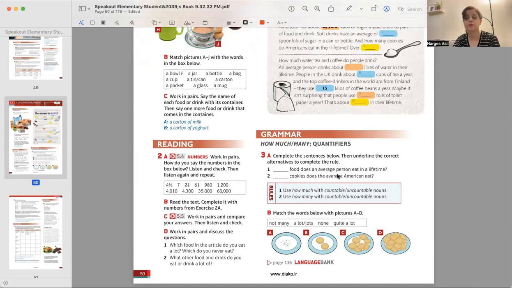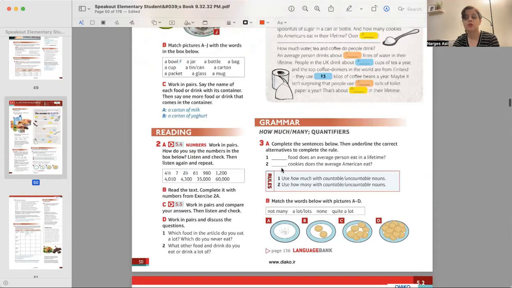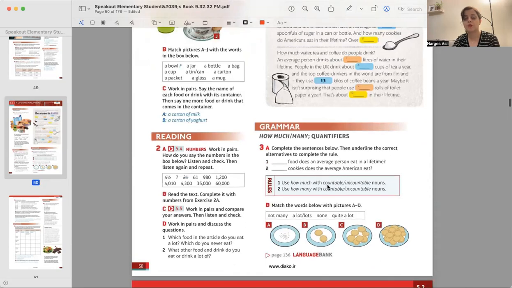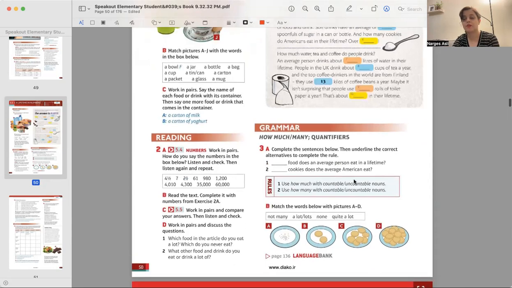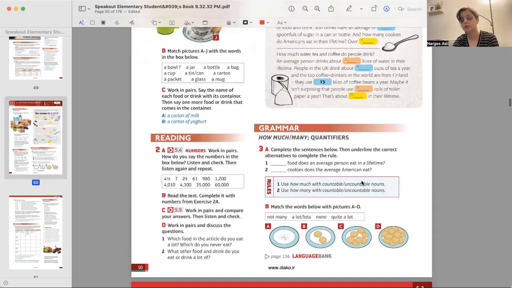How much food does an average person eat in a lifetime? Food بچه ها با how much باید بگیم؟ چقدر غذا میخورن تو زندگیشون؟ How many cookies does the average American eat? Cookies ایس جمع داره، پس how many. چند تا کوکی میخورن به صورت متوسط مردم آمریکا. Use how much with uncountable nouns and use how many with countable nouns.